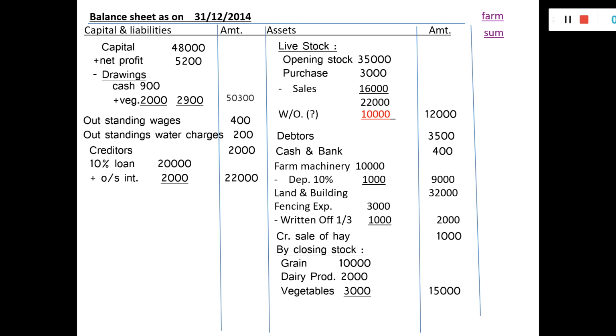Remaining amount 50,300 will be shown in the outer columns. Now it is time to make the total. The total would be same for both the side, capital and liability, and asset side. That would be same, 74,900. 74,900 same. Thank you friends.